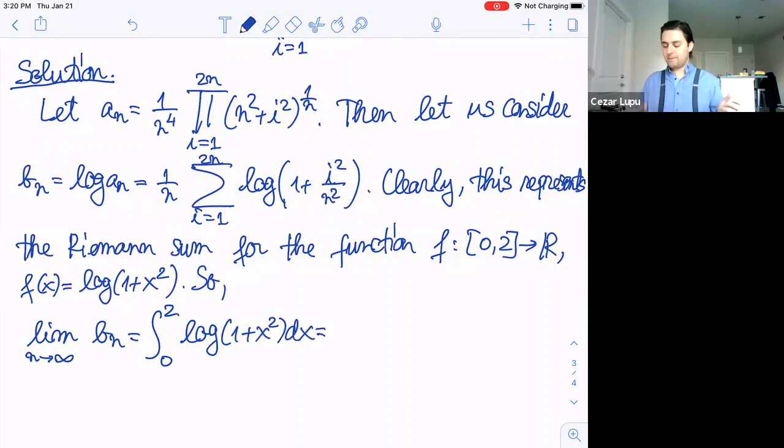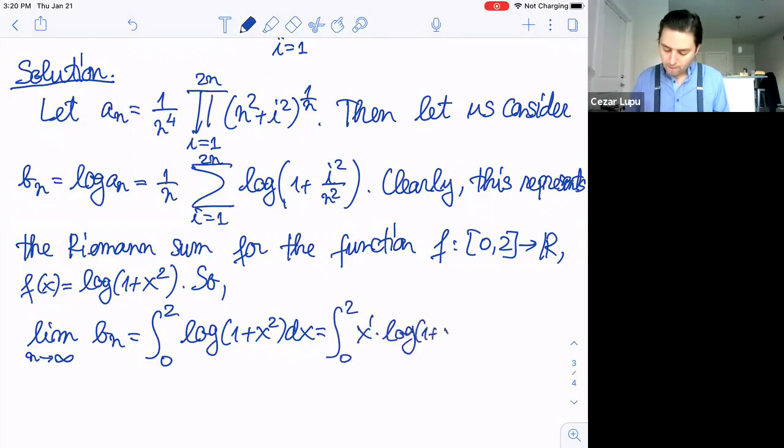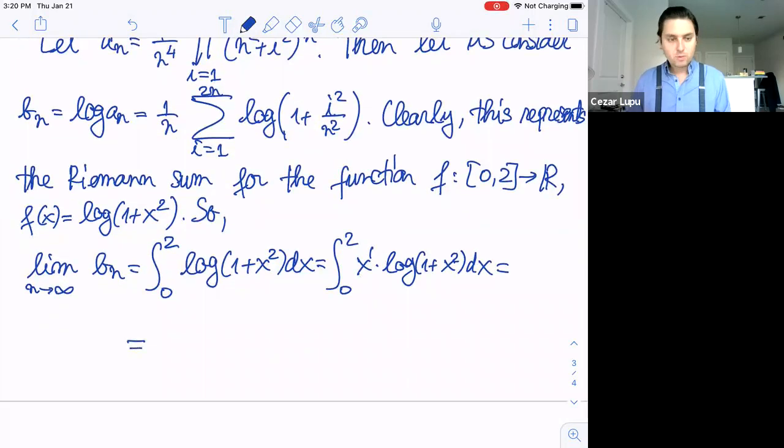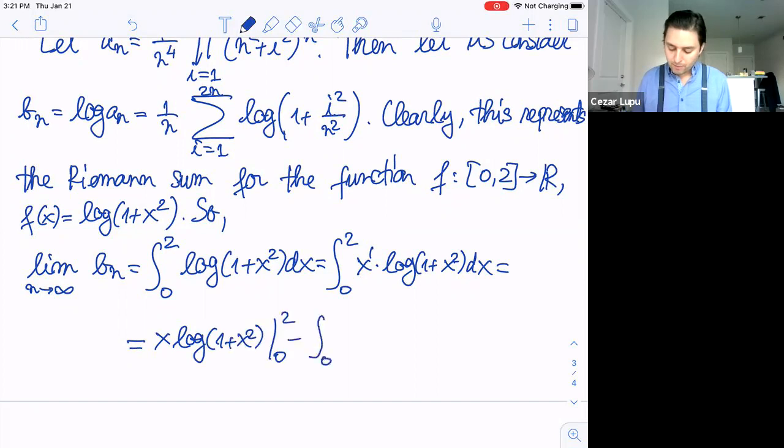And now this, well, you can do integration by parts if you want, so let's do it. The integral from 0 to 2 of x prime times log of 1 plus x squared dx would give us, integrating by parts, x log of 1 plus x squared from 0 to 2 minus the integral from 0 to 2 of x times the derivative of log of 1 plus x squared dx.